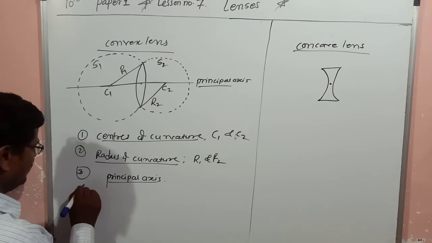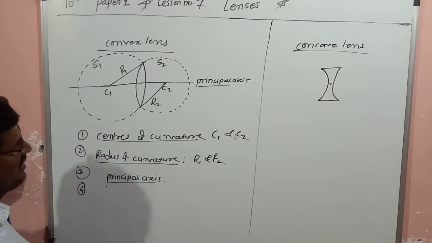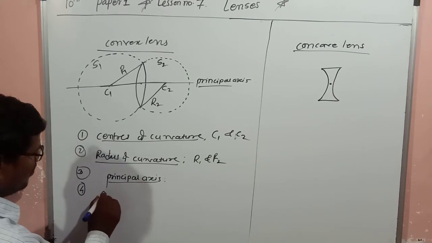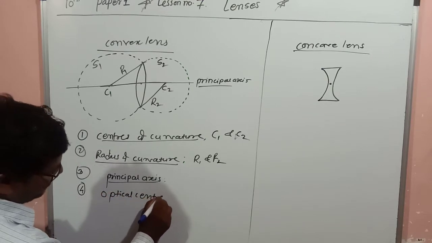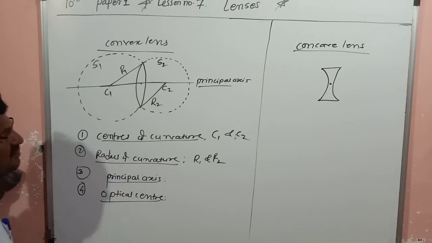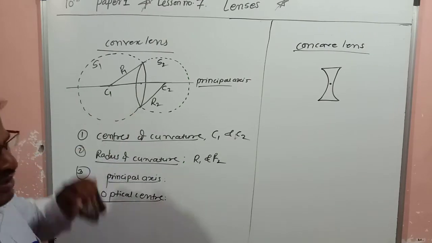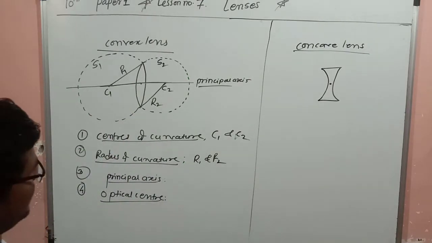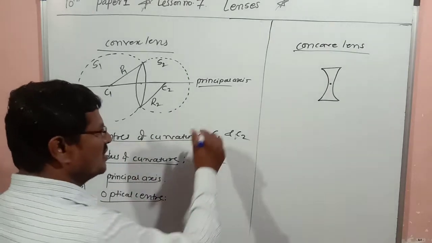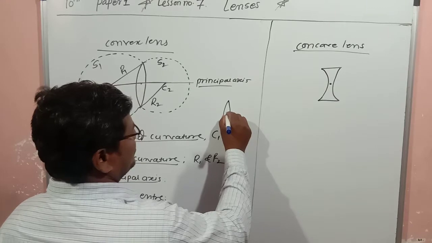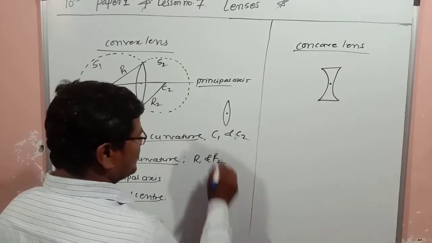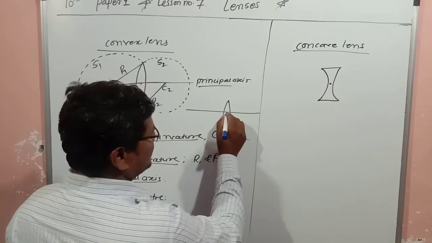Then, the fourth term we have studied is the optical center. It is the midpoint of the lens, a point inside the lens. Suppose we draw one lens here, and this one will be the principal axis.